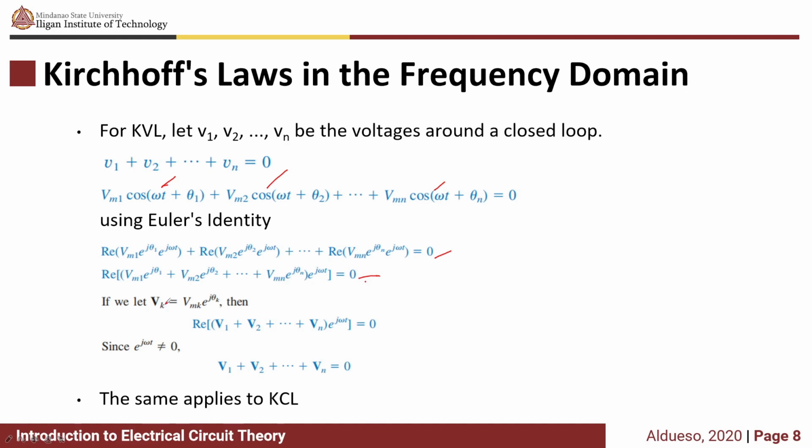If we let the complex number Vk be Vmk e to the j theta k, then this equation becomes this one. Since e to the j omega t is not equal to 0, V1 plus V2 plus up to Vn is equal to 0.